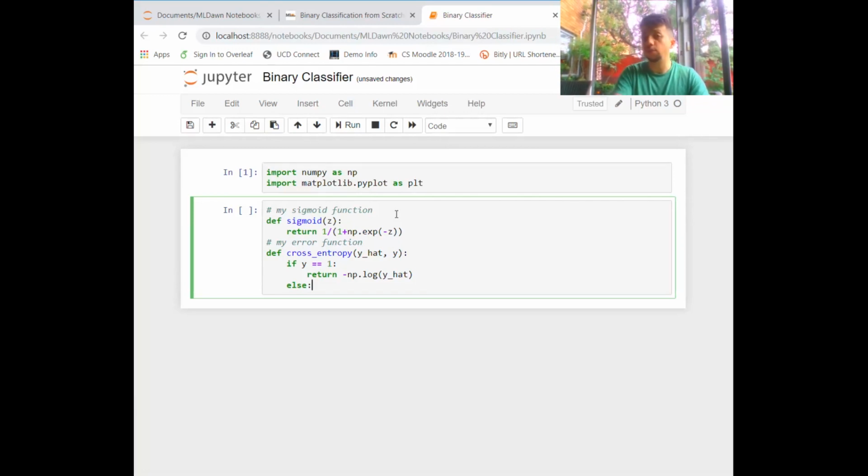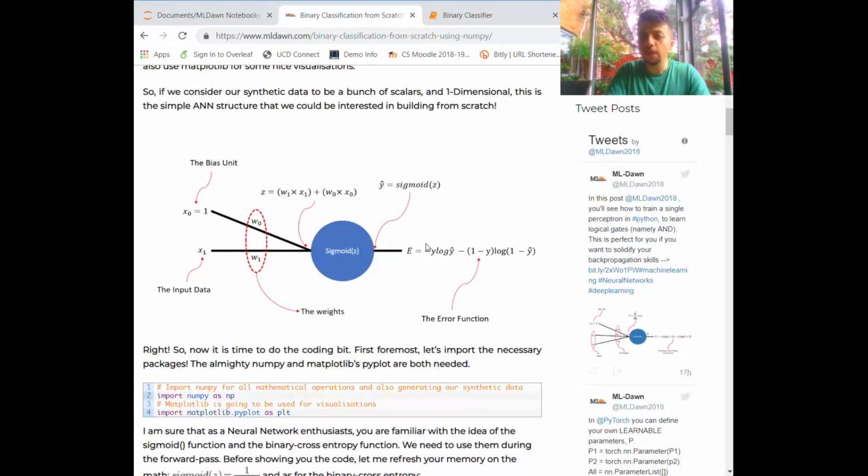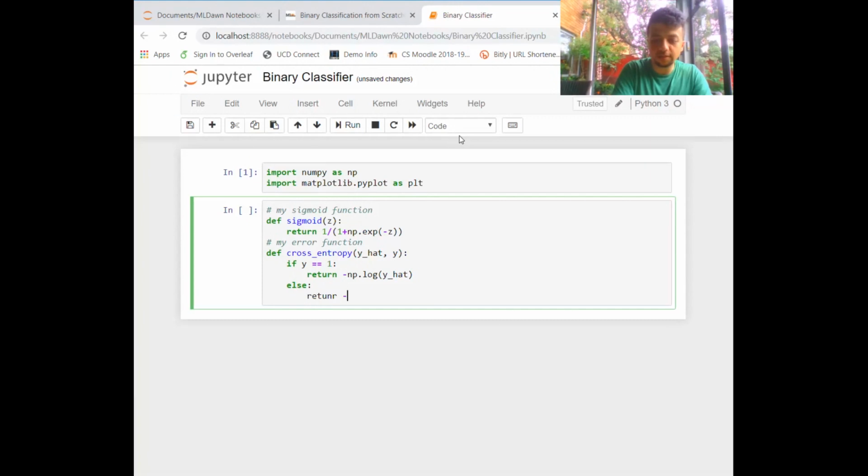But I know that I'm not going to pass any y to this function that is different from 0 or 1. So I'm just going to put else, so that I know that's the case when y is 0. In that case, look here: if y is 0, the left-hand side will cancel out. That would be minus log of 1 minus prediction, right? So that would be minus np.log of 1 minus your prediction. Yeah, perfect.